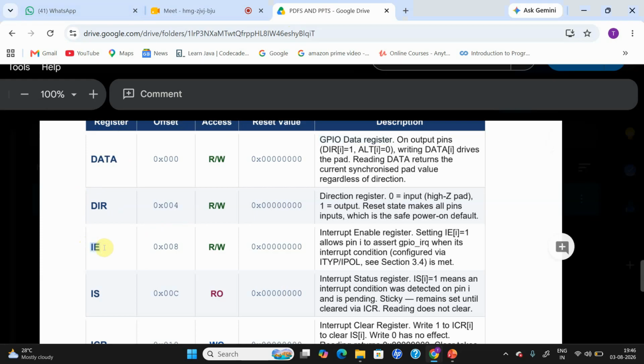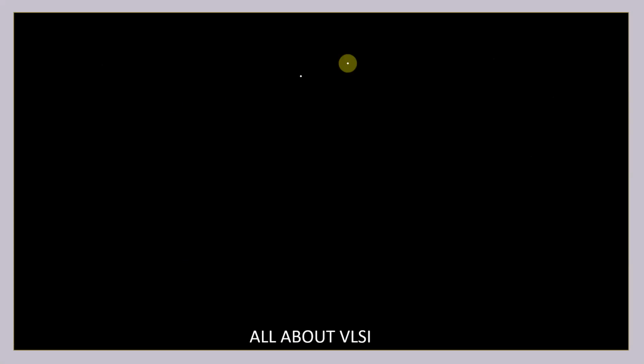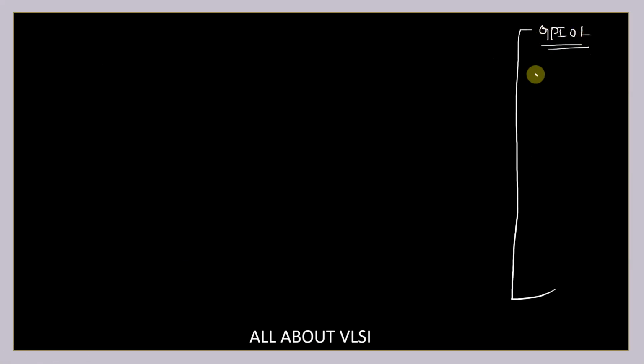Next is interrupt enable. Setting IE of I equal to 1 allows a pin I to assert GPIO IRQ when its interrupt condition, configured via I type and I polarity, is met. We will see how. But suppose I have 32 pins, from GPIO1 to GPIO32, and my processor wants only GPIO1 to work as an interrupt, not all the pins.